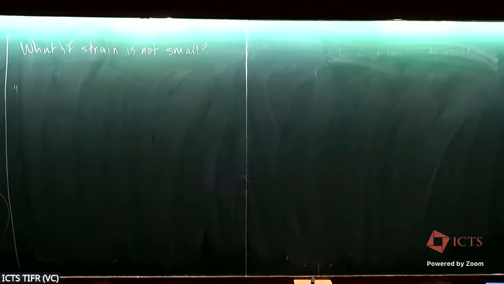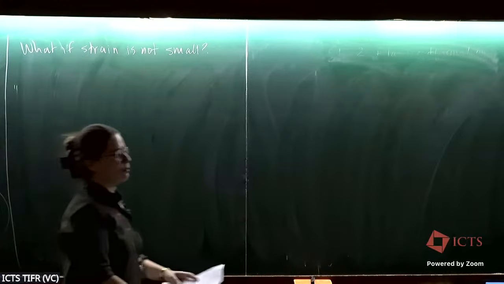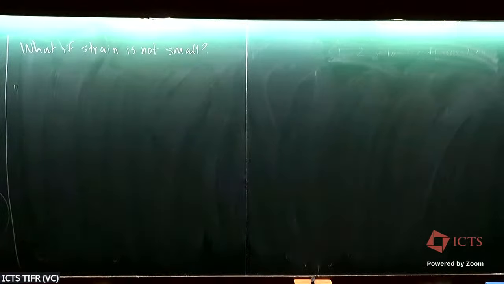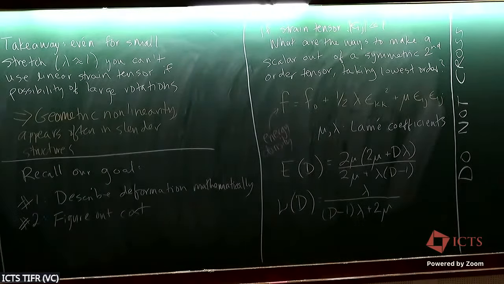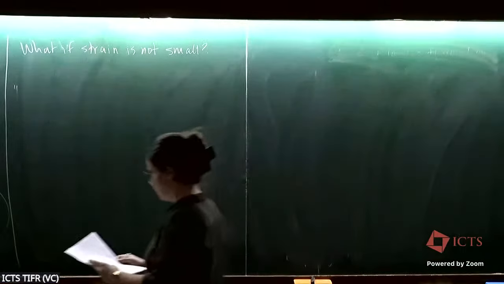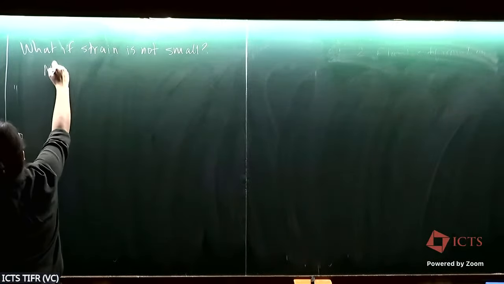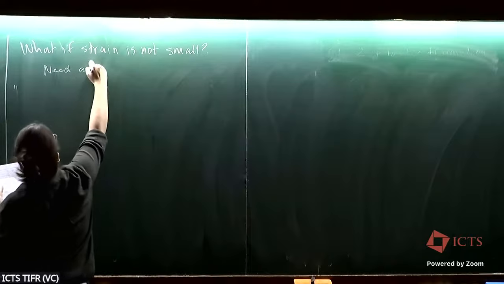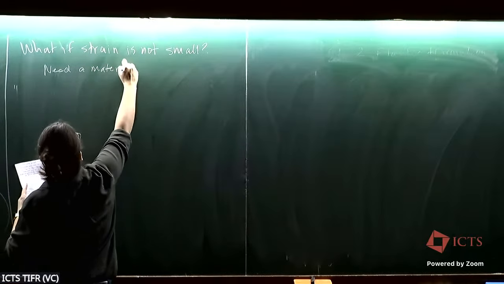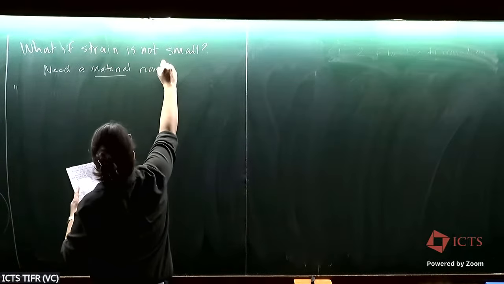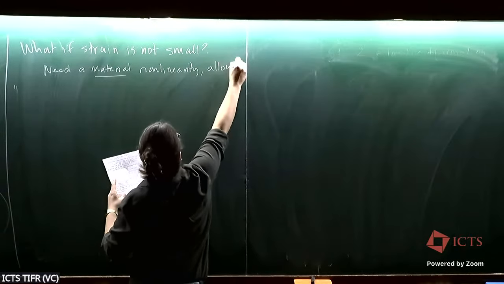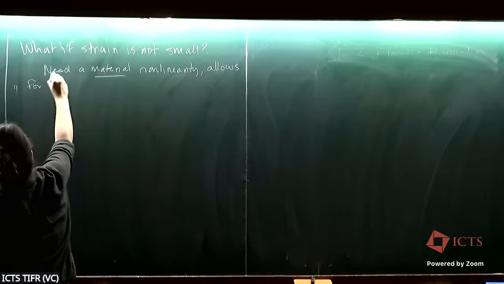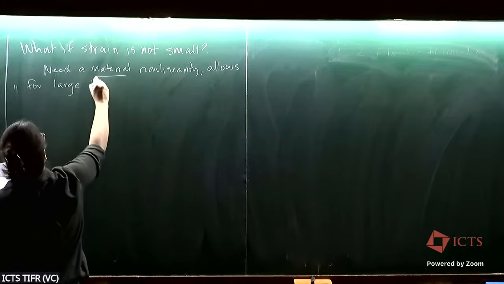We don't want a linear relationship between stress and strain, which then gives us this nice form of the energy density. So what we instead need is a material nonlinearity, which allows for large components of the strain.